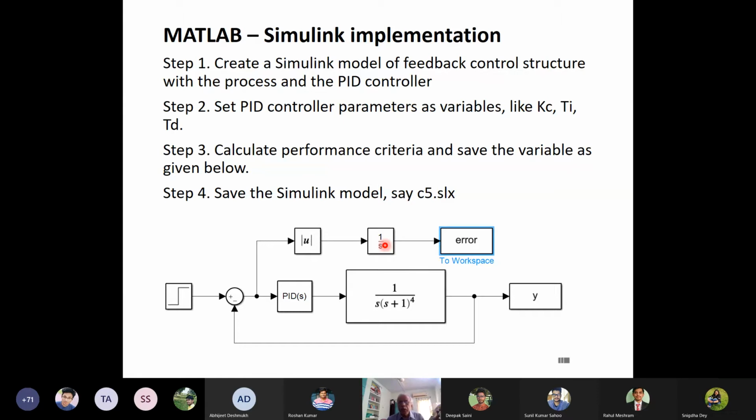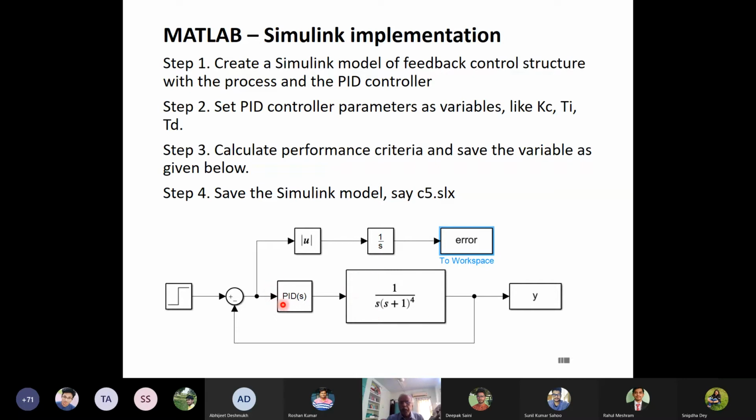In the MATLAB Simulink implementation, what we can do is create a Simulink model of a feedback control structure with the process and the PID controller. So this is the Simulink model which I have developed in the MATLAB Simulink environment. I have used a process over here. It's not a first order with dead time, but I have used a process with 1 by (s plus 1) to the power 4.